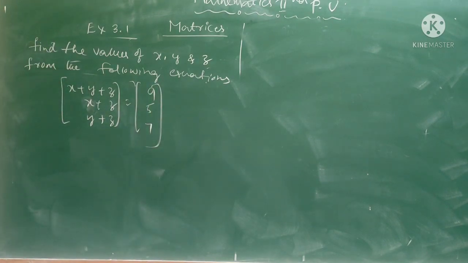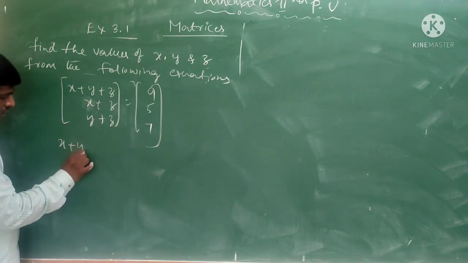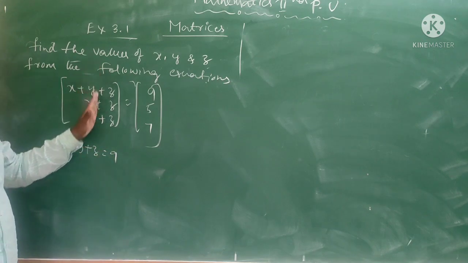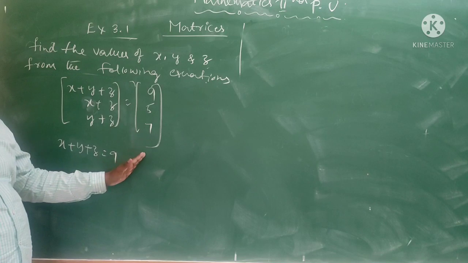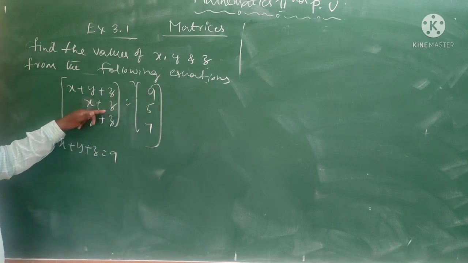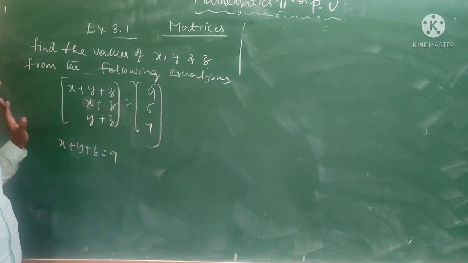Dear children, here x plus y plus z is equal to 9. This is also a column matrix. This is also a column matrix. Here first element is equal to first element, second element is equal to second element, third element is equal to third element.